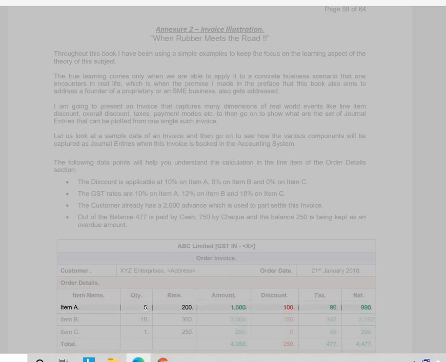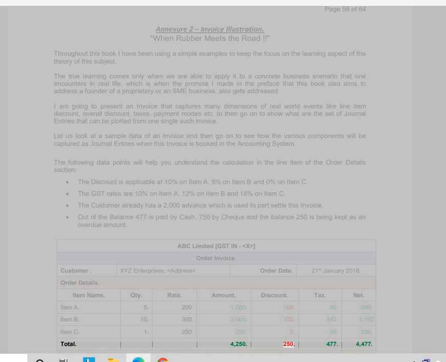Item A: 5, 200, 1000, 100, 90, 990. Item B: 10, 300, 3000, 150, 342, 3192. Item C: 1, 250, 250, 0, 45, 295.